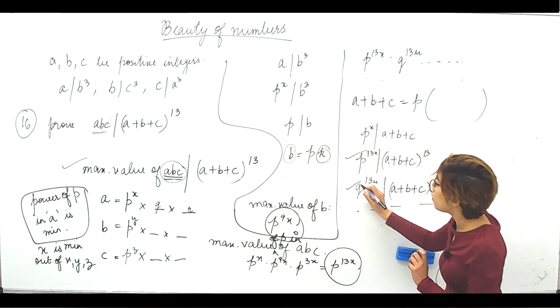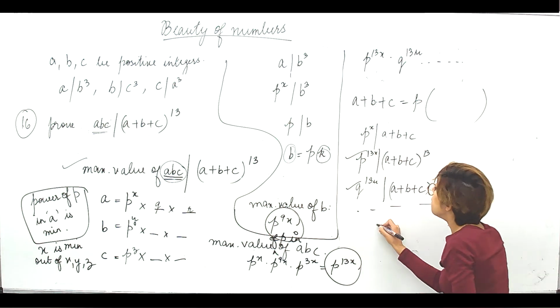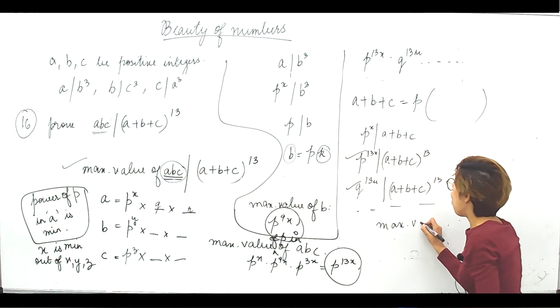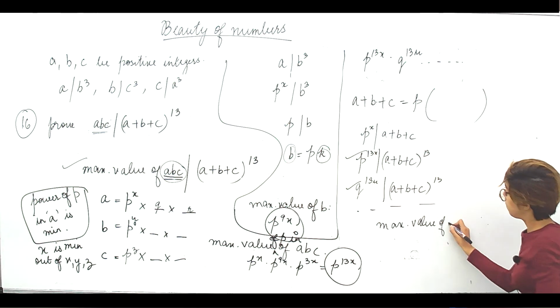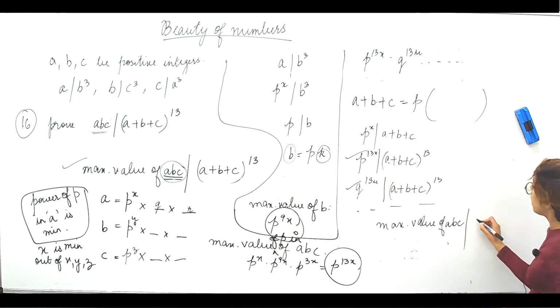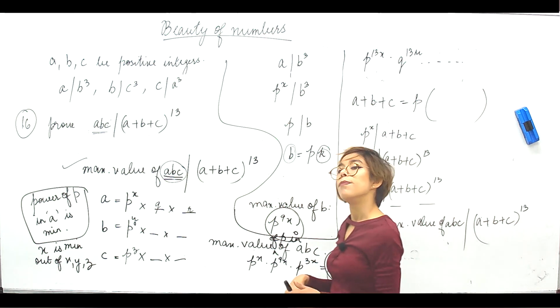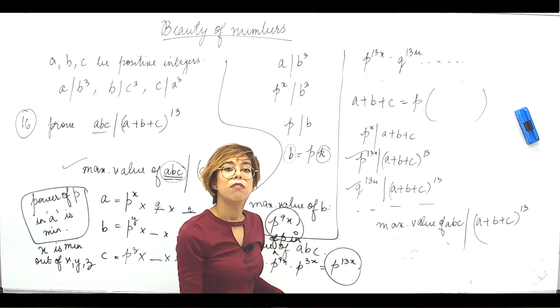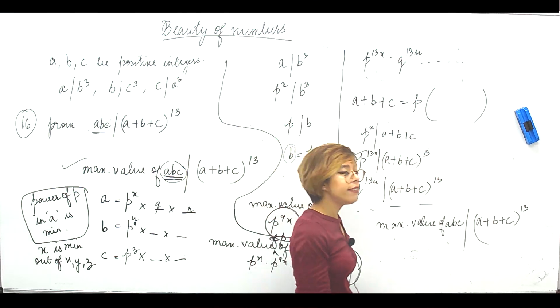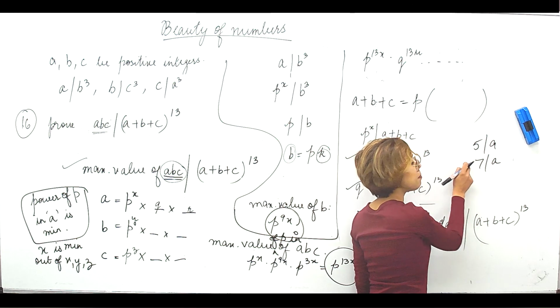If I multiply all these, right, what will I get? I will get the maximum value of ABC, because I'm multiplying it, should divide A plus B plus C raised power 13. Why? Don't we do this? 5 divides A, 7 divides A, because obviously these are separate prime factors.